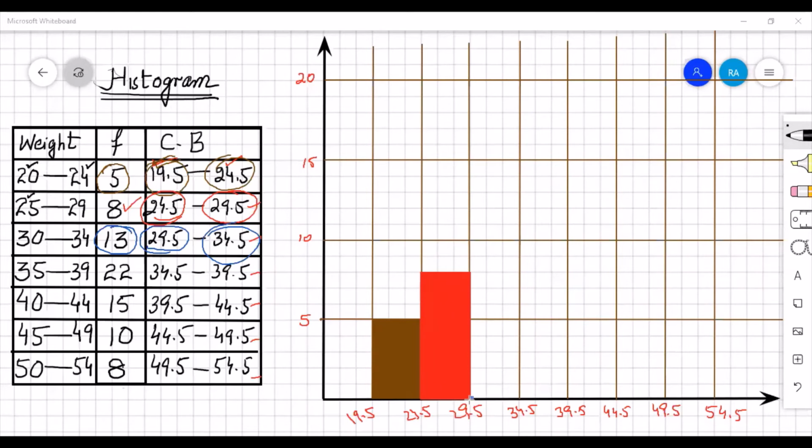Here we draw a bar of height 13 points in the upward direction between the class boundaries 29.5 and 34.5.